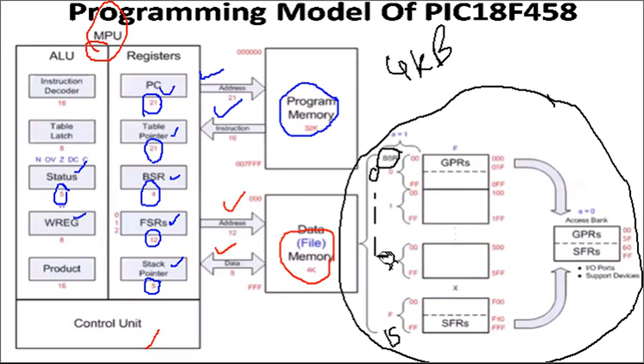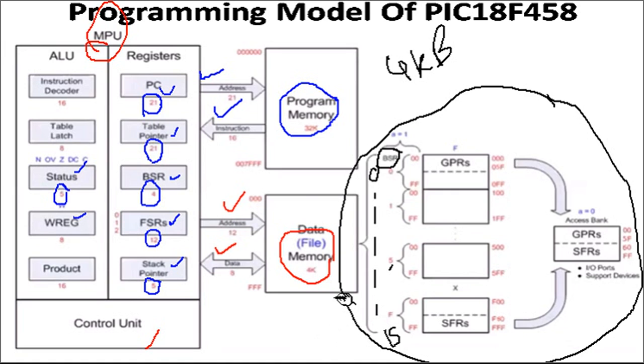All these are your 16 banks. Each bank will be of 256 bytes. 16 banks times 256 bytes each is equal to 4096, which is almost equal to 4K.